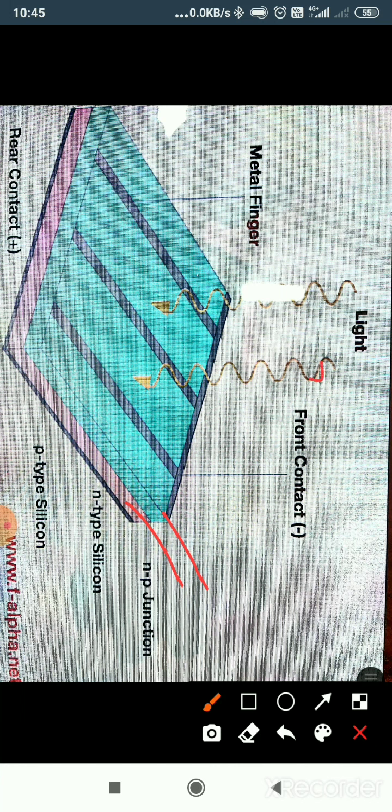The reason for making the N layer thinner is that whatever light falls on the N region has to go till the depletion region, because the depletion region is where the electron hole pair will be created. If the N layer is thicker, the light intensity will decrease. For that reason the N layer is made thinner compared to the P layer.